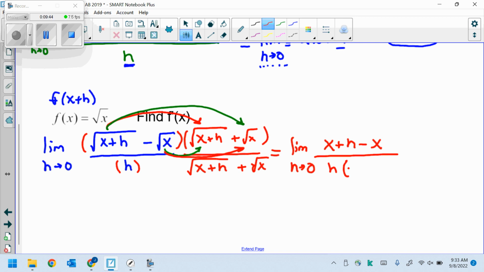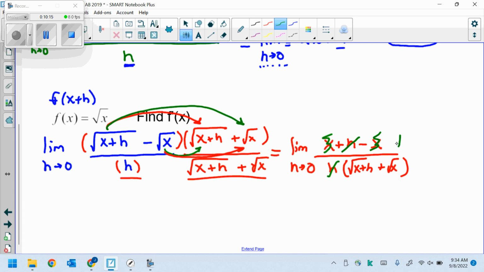And then we've got this square root of x plus h plus the square root of x when we multiply these guys up. Now you'll notice that the x's go away. You're left with an h on top, and the h on top divided by the h on the bottom results in, well, h divided by h is 1.